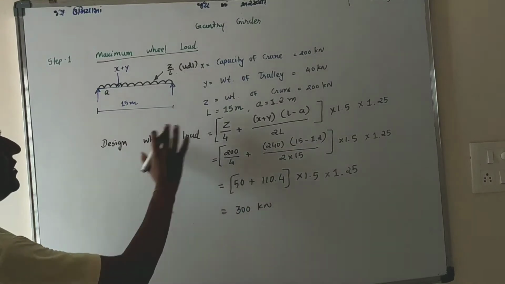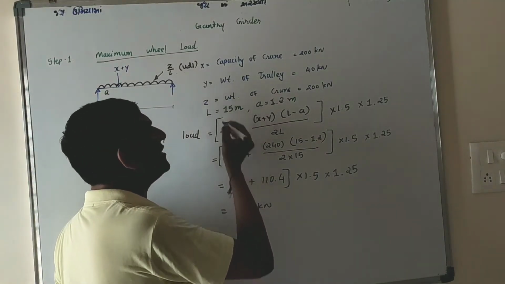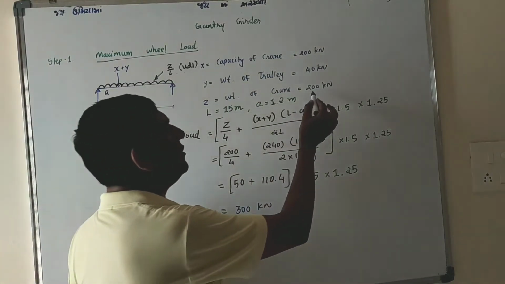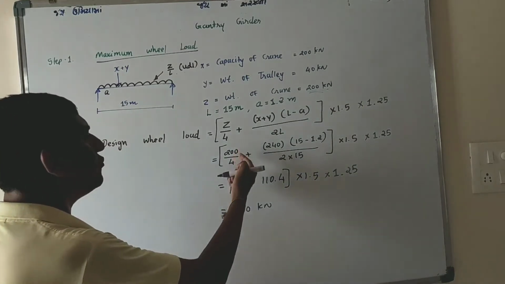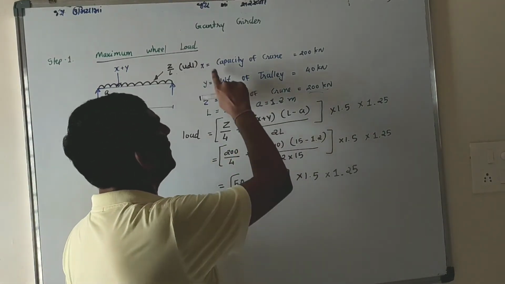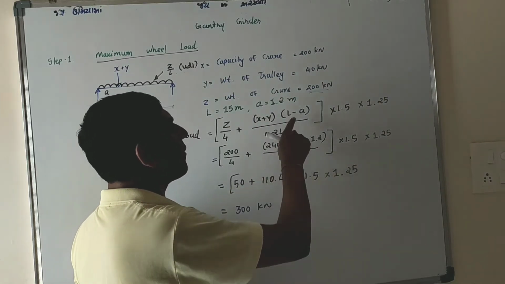Now what is the value of design wheel load directly from the single step? Z is your weight of crane, that is given as 200 kilonewton, so directly 200 divided by 4. Similarly, x and y, that is x plus y, 200 plus 40, that is 240.